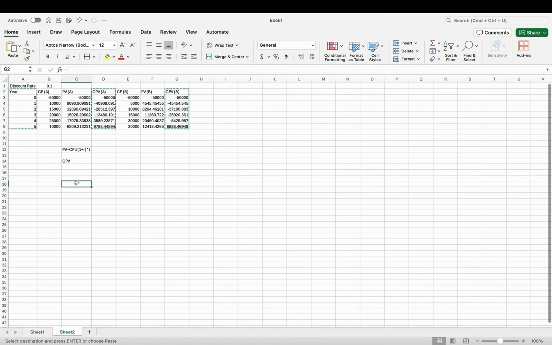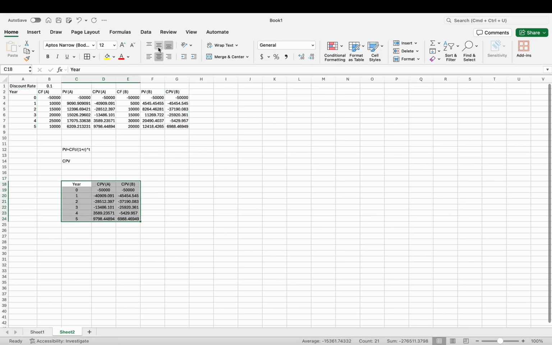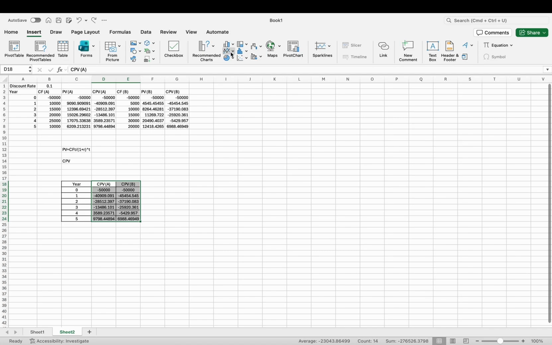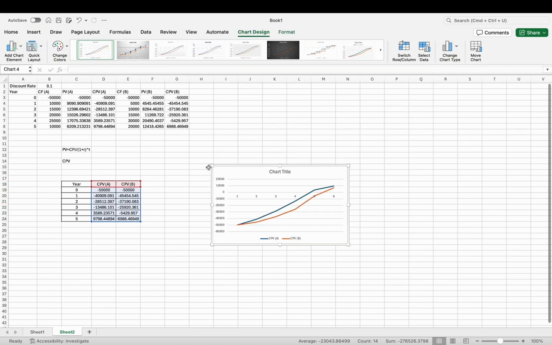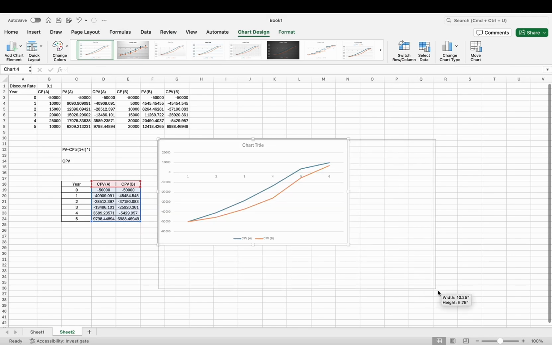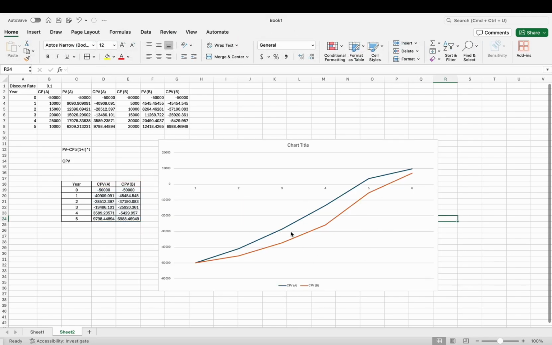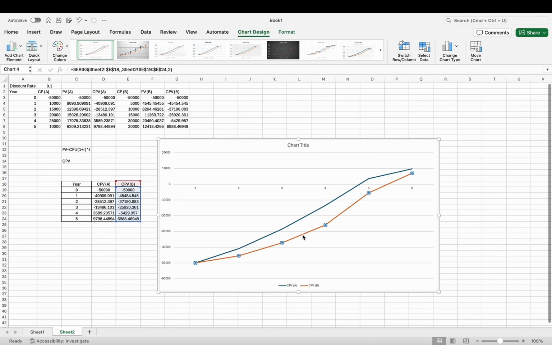So we can put them all in one and make them into a table. So what we're going to do right now is create a line chart. So this is going to be the line chart for the cumulative present values.